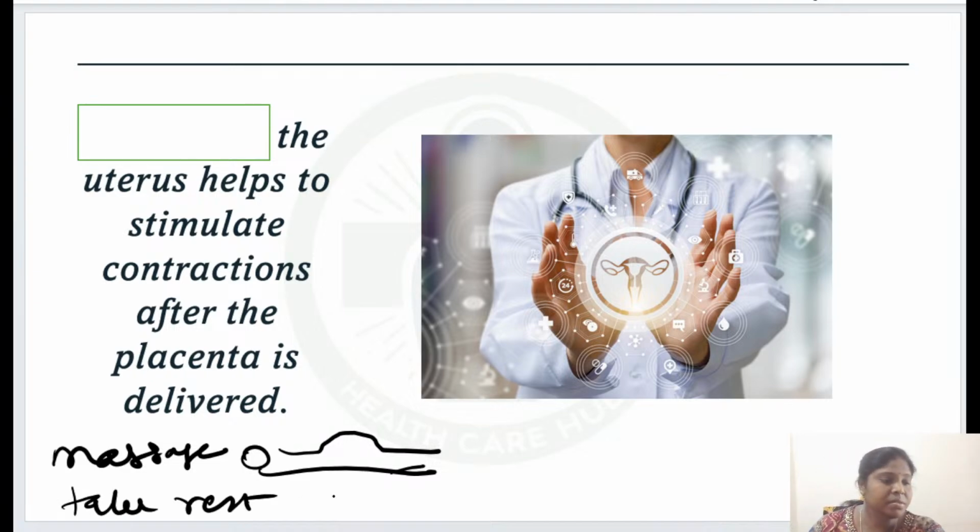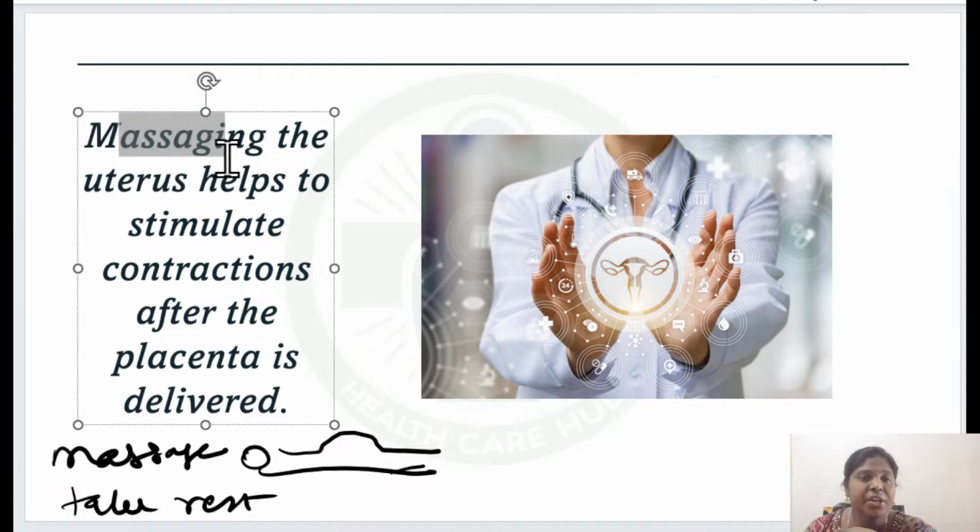Which could be the option here? So we are going to advise the fundal massage. Yes, Divya, Sindhuja, Deepthi, Suha. Yes, we are massaging the uterus.